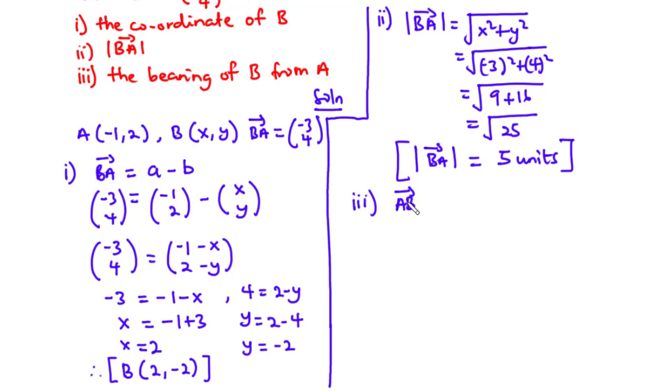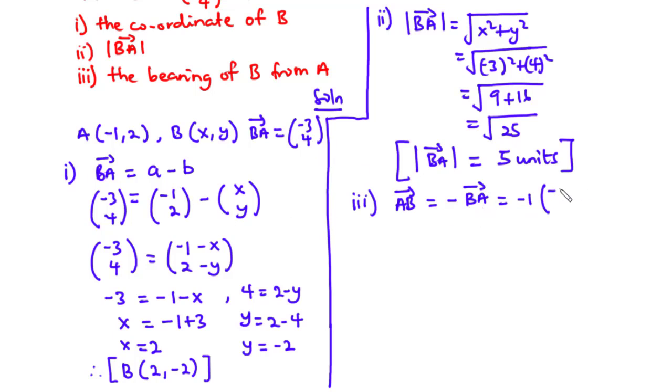So vector AB is equal to the negative of vector BA. Negative vectors have the same magnitude, but they differ in direction; they have opposite directions. So we are going to multiply -1 by the vector BA.